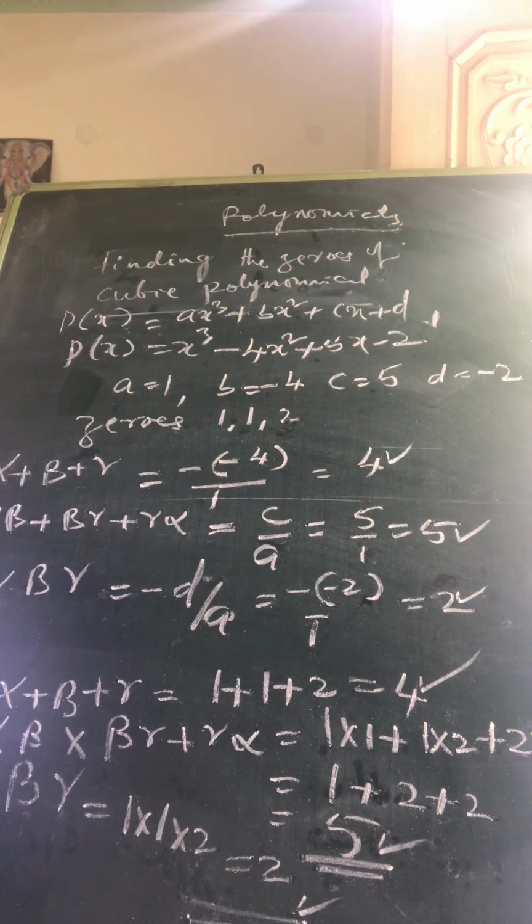So this is what we learned today. Just briefing again, we found the zeros of the cubic polynomial and verified the relations between coefficients and zeros. Okay, thank you. The next class will be continued tomorrow.